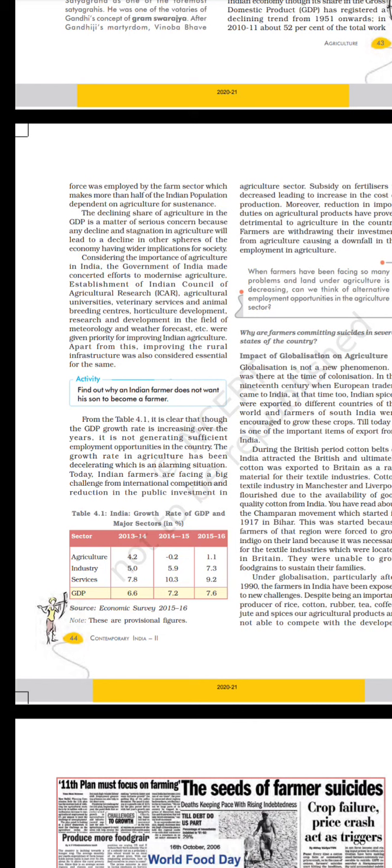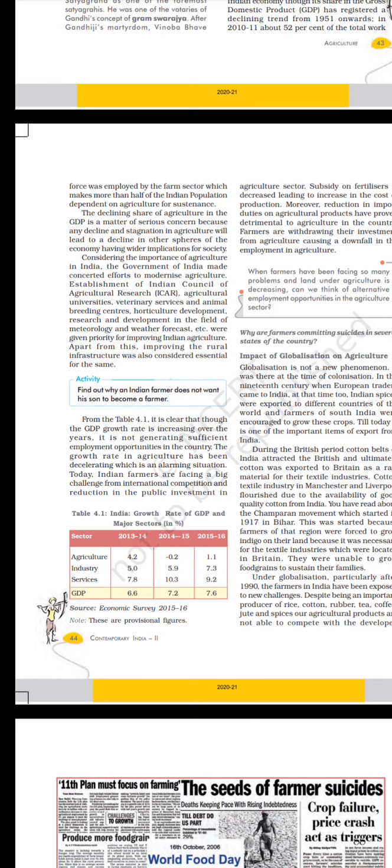Establishment of Indian Council of Agricultural Research, ICAR, agricultural universities, veterinary services and animal breeding centers, horticulture development, research and development in the field of meteorology and weather forecast, etc., were given priority for improving Indian agriculture. Apart from this, improving the rural infrastructure was also considered essential for the same activity.